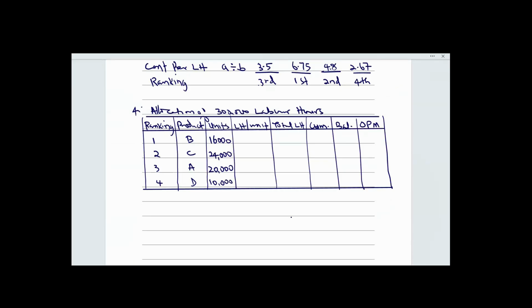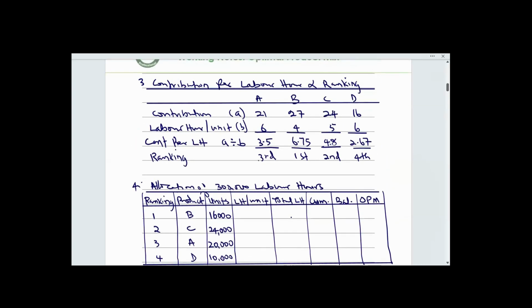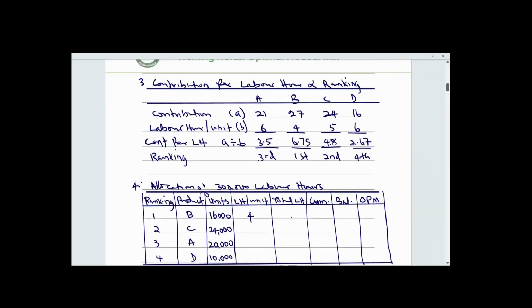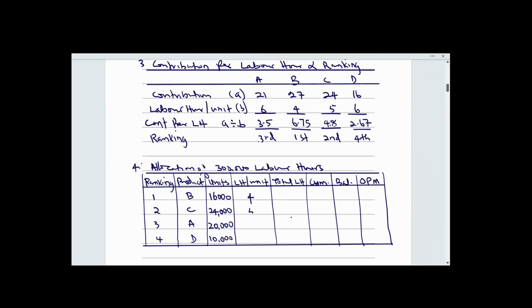The key factor per unit that we have determined: labor hours for B is 4, for C, 5 hours, for A, 6 hours, then 6 hours for D.